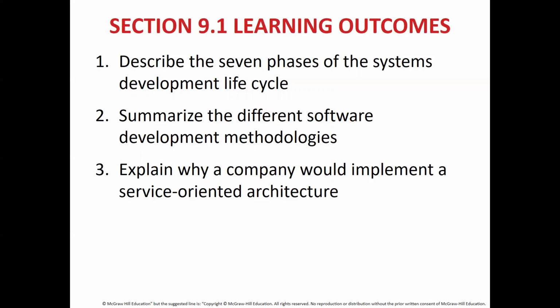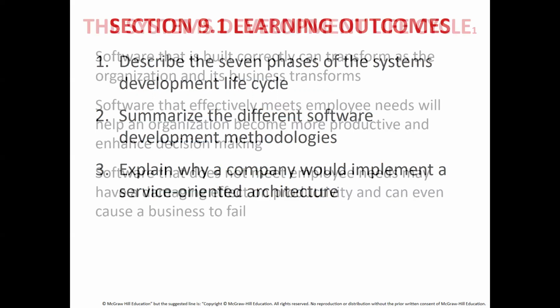Moreover, we have RAD, we have agile, we have RUP, and so forth. And the third learning outcome is to explain why a company would implement a service-oriented architecture. So these are the main learning outcomes that you should be able to fulfill by the time you finish up with today's lecture notes.